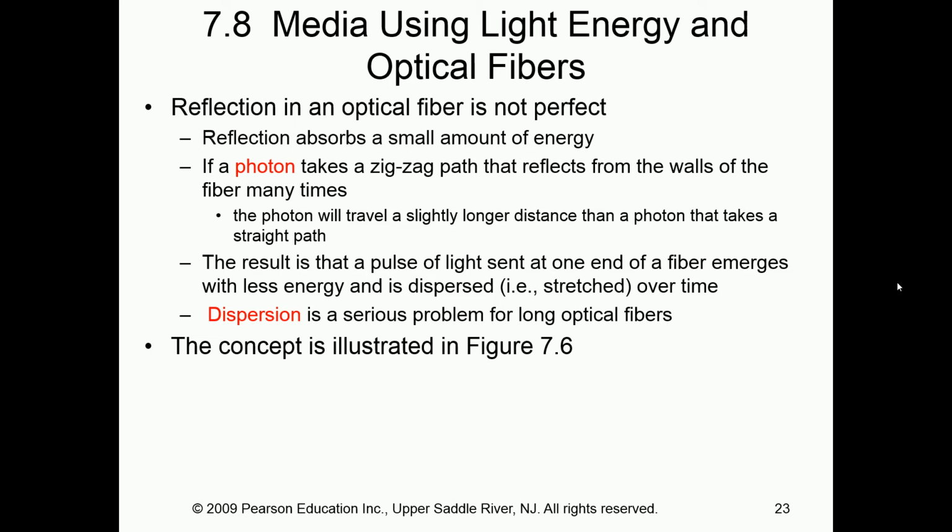The further the light goes, the more dispersion there might be. And after a critical point, the dispersion gets so problematic that you don't know if the data being sent was truly what was originally sent.